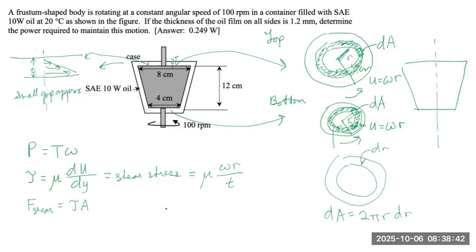In differential terms, a differential shear force is going to be equal to tau times dA, and a differential area is dA, which is 2 pi r dr. So a differential shear force is equal to tau times dA, which is equal to mu times omega r over t times 2 pi r dr.